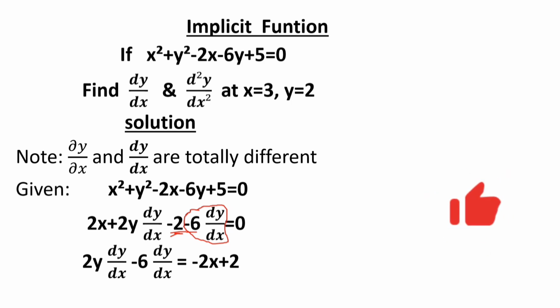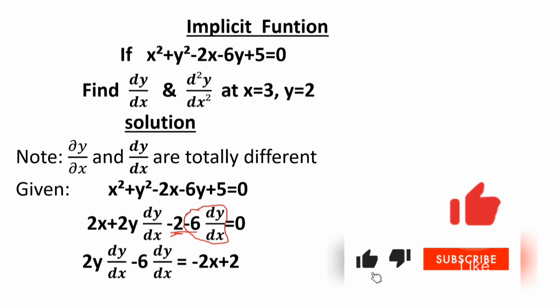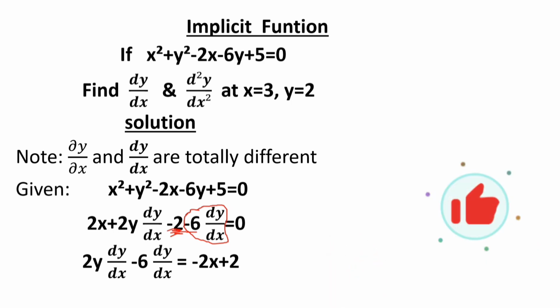You can't subtract 6x from minus 2 because of that variable. So it's impossible for you to subtract minus 6 dy/dx from minus 2. So take note of that. This minus 2, we have to cross to the other side, which becomes plus 2, just as you can see here. Okay, so this is what we have if you collect the like terms.